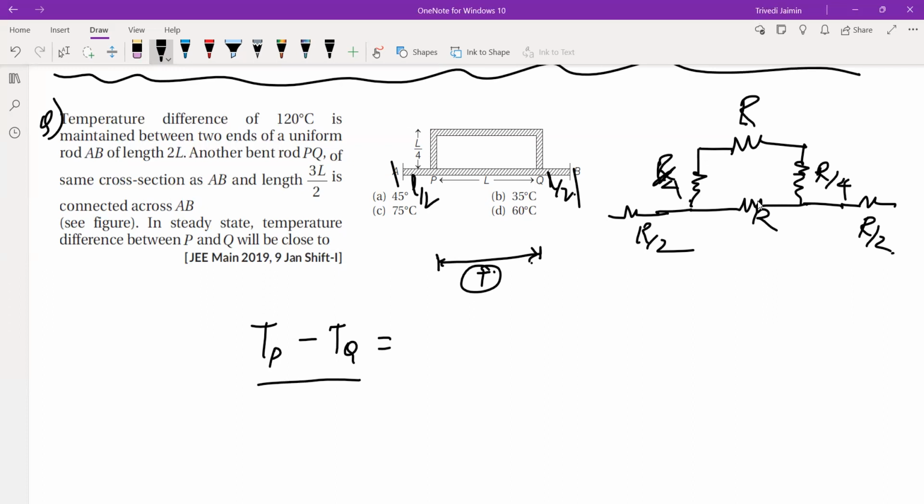Now, if you take this length as a resistance, this is in series, so R plus R by 4 plus R by 4, what do we get? 4, 5, 6, so 3R by 2.